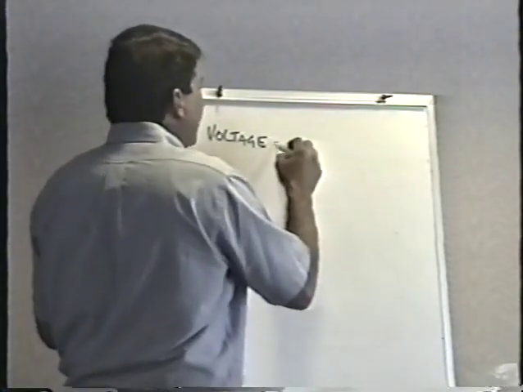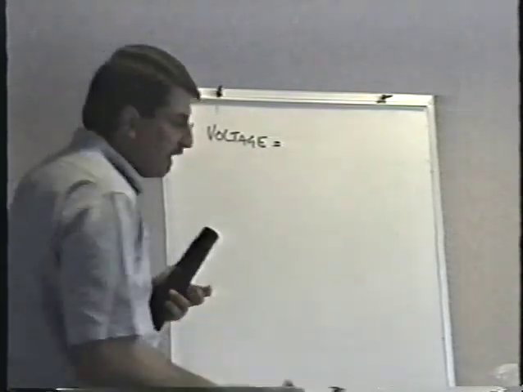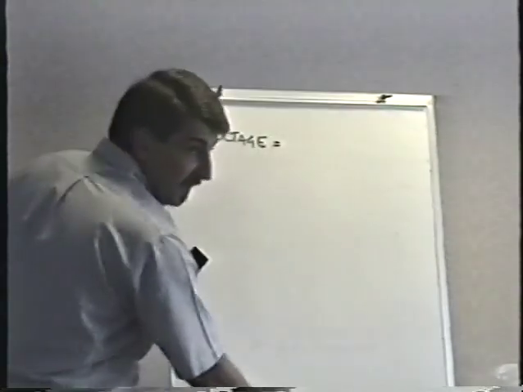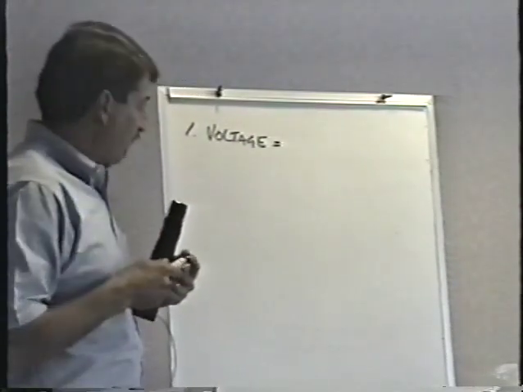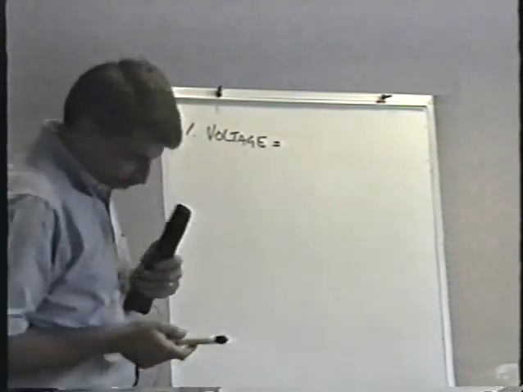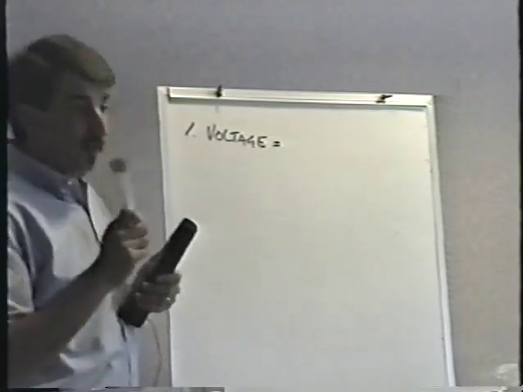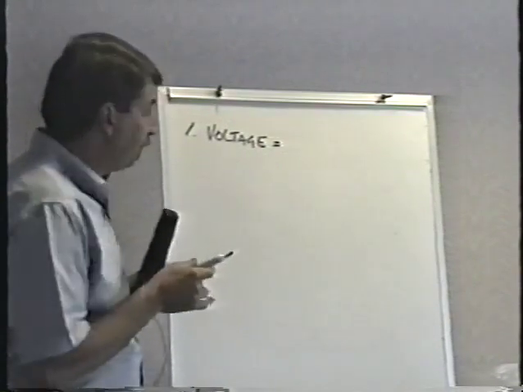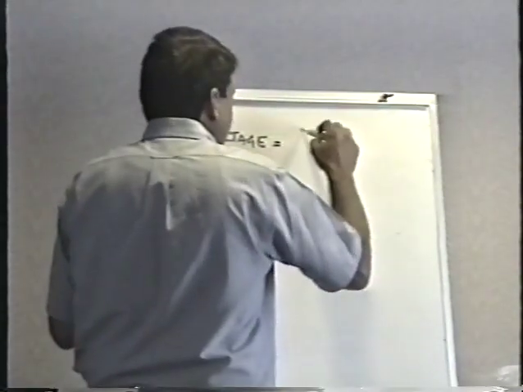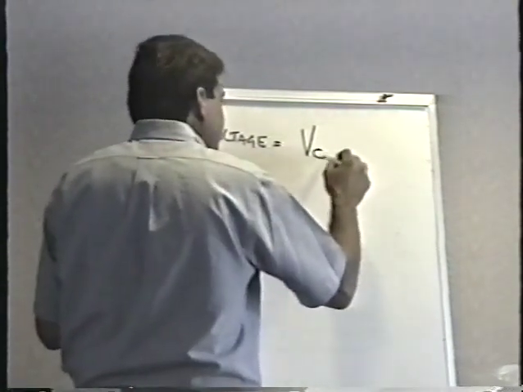Remember that in the diode, we called the voltage rating the PRV, the peak reverse voltage, or PIV. Remember that? We have yet another name for the voltage rating of a transistor. Now, there are actually many different voltage ratings for transistors. There's only one that we really care about, and it's known as V sub CEO.